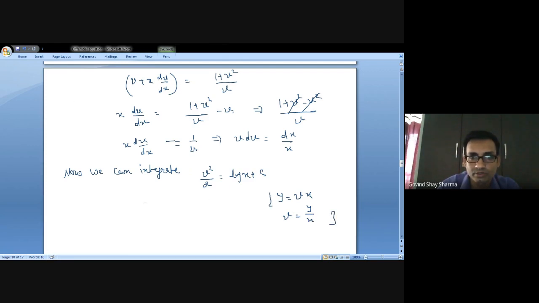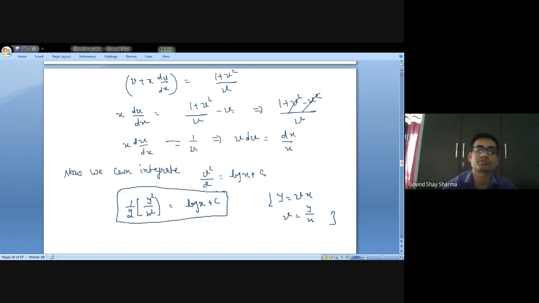So this becomes 1 by 2 y square upon x square is equal to log x plus constant. This is the answer of this homogeneous equation.